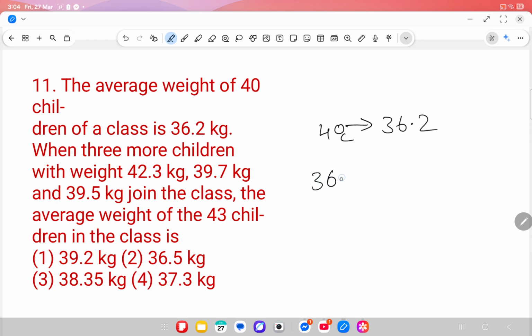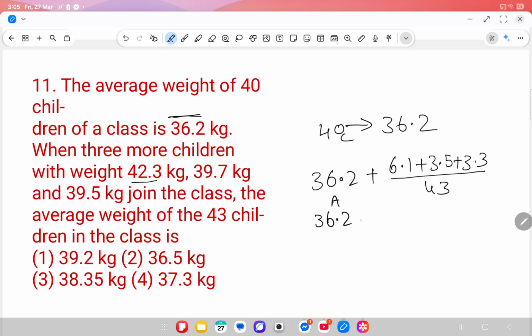So 36.2 plus, see that this is more than 36.2 by how much? 6.1, plus 39.7 is 3.5, plus 39.5 is 3.3, whole divided by 43, because total 43 people.